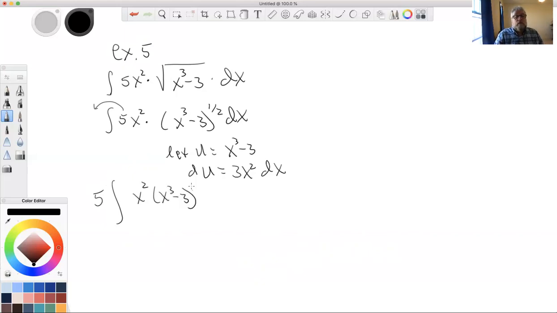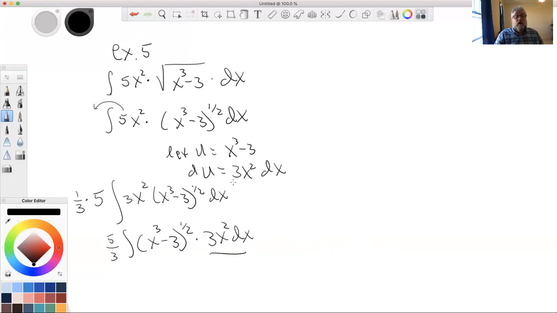And now I want to force a 3 to go in here. But if I multiply by 3, I have to divide by 3 as well. So now I have 5/3 times the integral of x cubed minus 3 to the 1/2 times 3x squared dx.